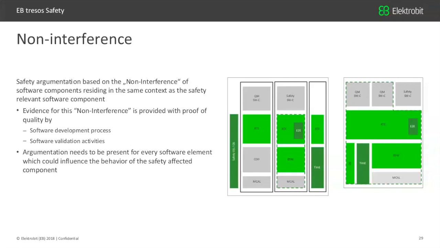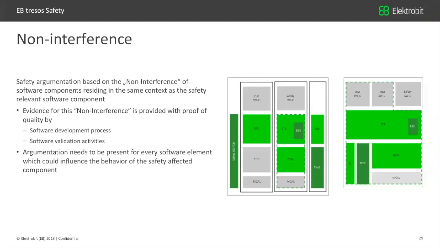But the non-interference is actually an argumentation which points at the fact that the software is not corrupting your safety application, so your software component which has assigned safety requirements.